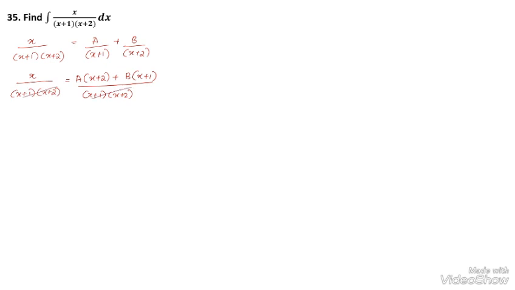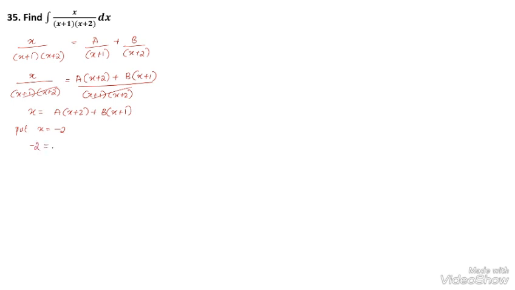Here both get cancelled. Now x is equal to a into (x plus 2) plus b into (x plus 1). Here we want a and b values. That's why I'm putting x equal to minus 2 in the equation. Then we get the b value.